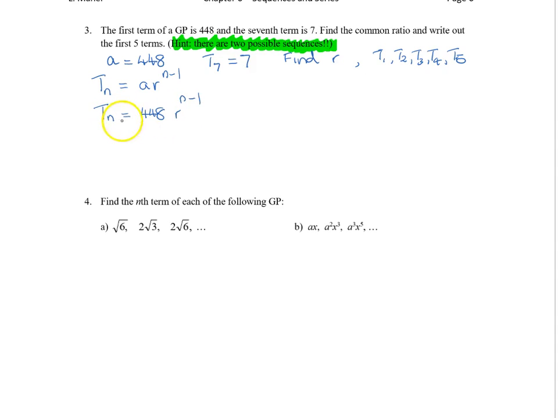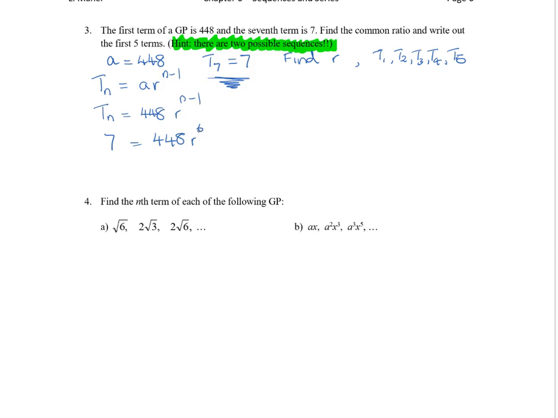Now, we've got two unknowns, which is a problem for us. However, we've got a particular term, and that's what we'll use. We know that when n is 7, the term is 7. So this term, 7, is when n is 7 and n minus 1 is 6.